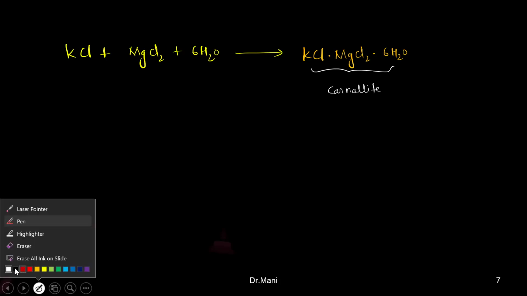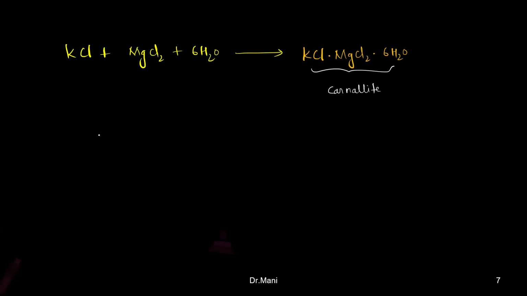If you are asked what the characteristics of a double salt are: first, it forms a very stable compound. Second, the two salts combine in stoichiometric ratios. They will not combine in a random way. There are specific stoichiometric ratios, and they combine only in that particular way. When you dissolve this in water, they completely dissociate into ions. They produce simple ions like K plus, Cl minus, Mg plus 2, Cl minus.